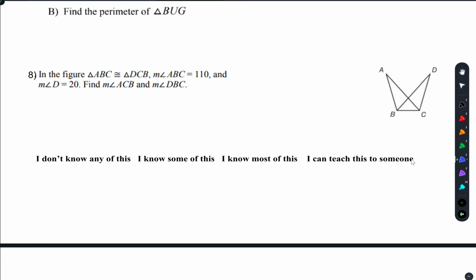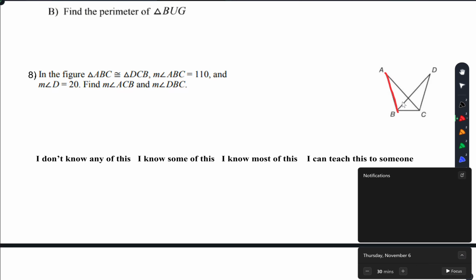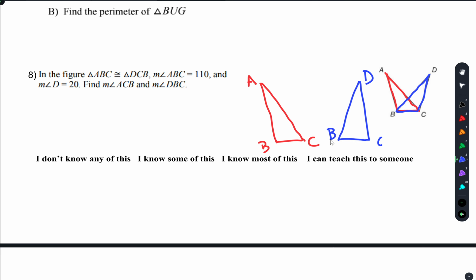I think it's just a weird one that we might get scared of. I have 2 overlapping triangles. They often overlap our triangles to try to confuse us. All we have to do to take care of this is draw them out separately. That's what I do, at least. I have A, B, C, and then I have D, C, B. I'm going to line up my pieces, so maybe I'll even do it in colors.